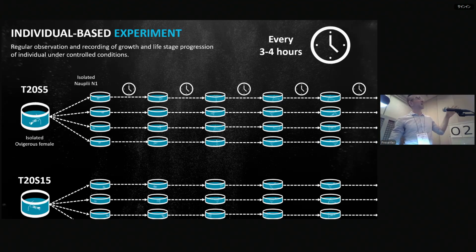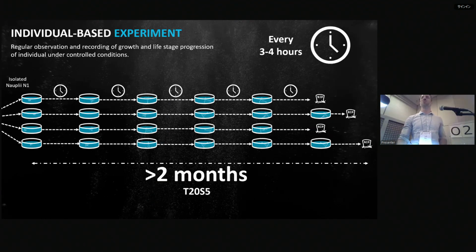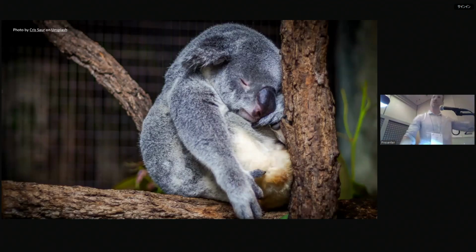She tackled several conditions, 3 temperatures and 3 salinities, and she recorded the entire development as well as the lifespan of the individuals, which lasted over 2 months. So you can imagine how tedious and demanding this experiment was, right? And at the end of the experiment, we were more or less like that.